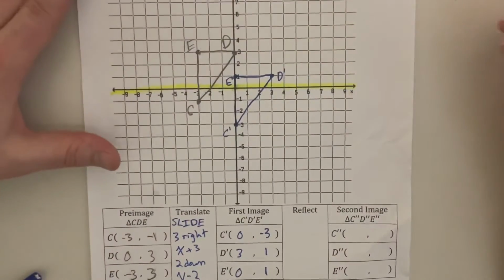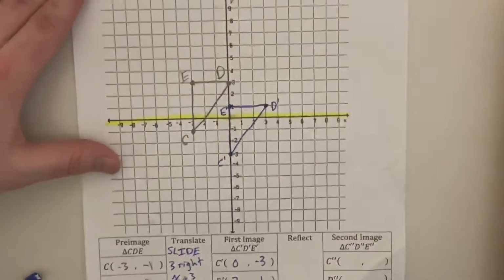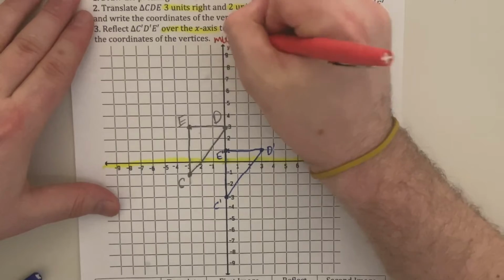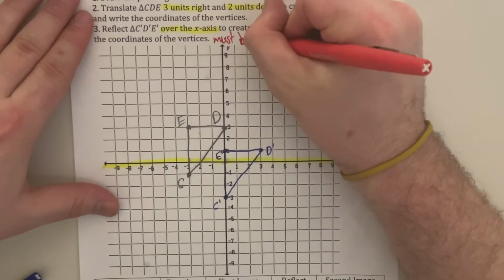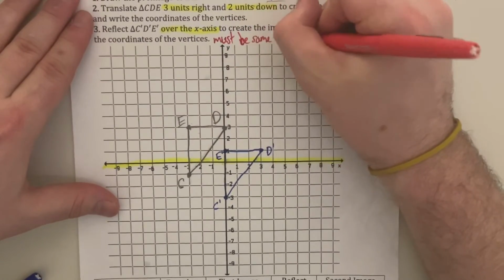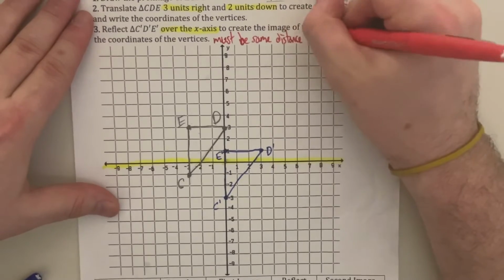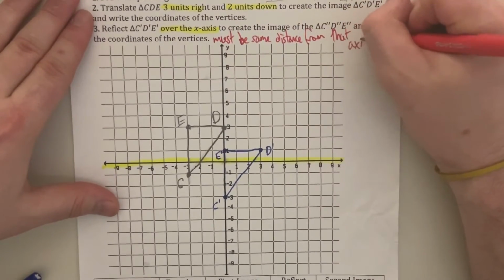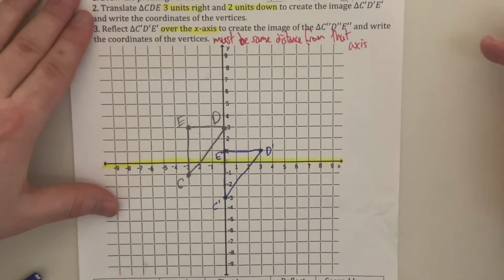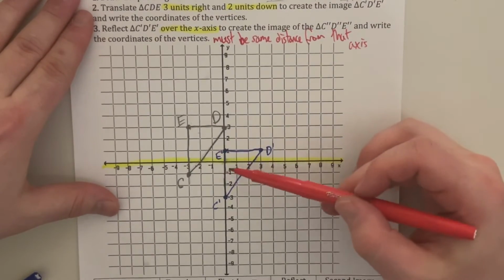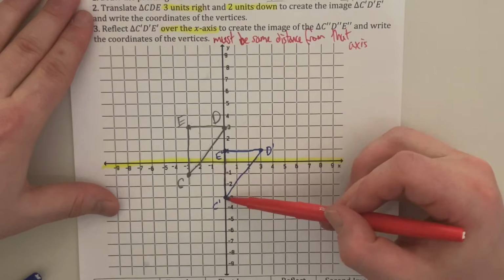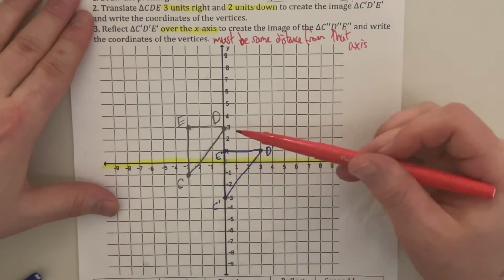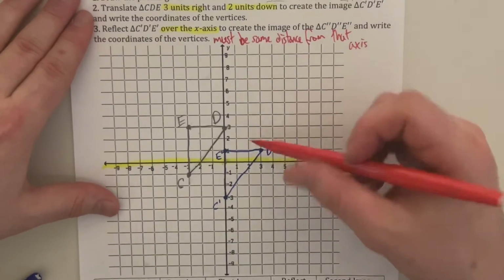Another way to remember it is that it must be the same distance from that axis. So that's an easy way to remember why I'm graphing this picture, because I know this. Since C prime is 3 steps away, that means when I reflect over it, it still has to be 3 steps away.